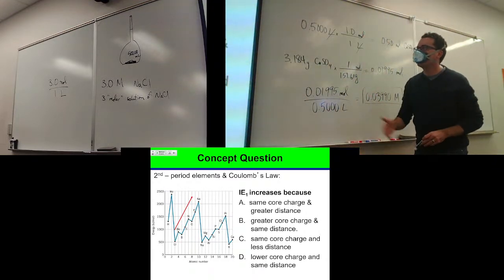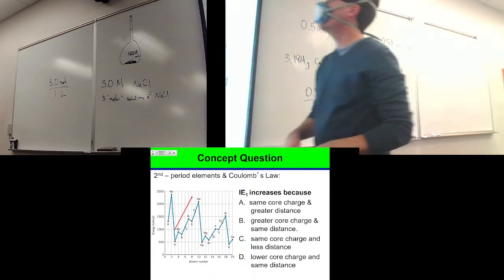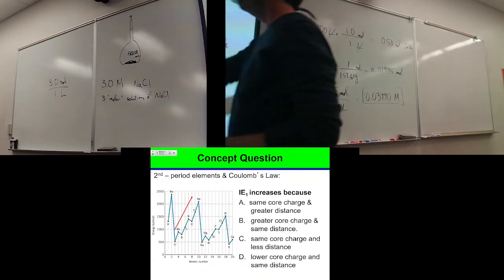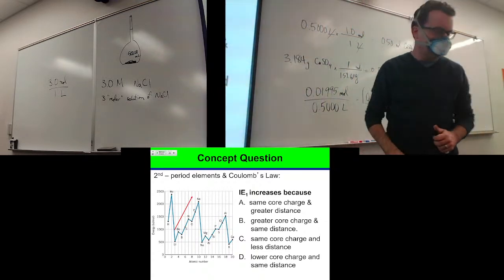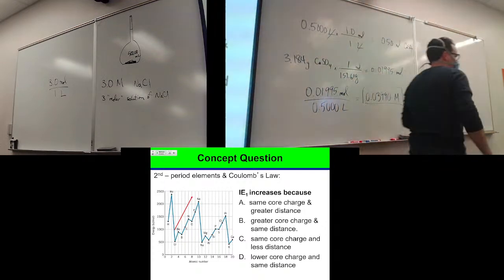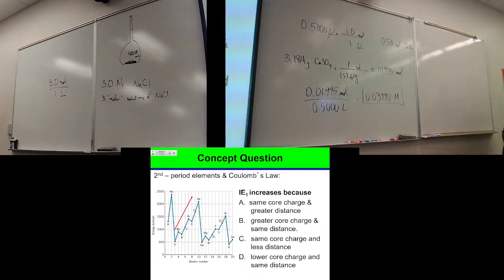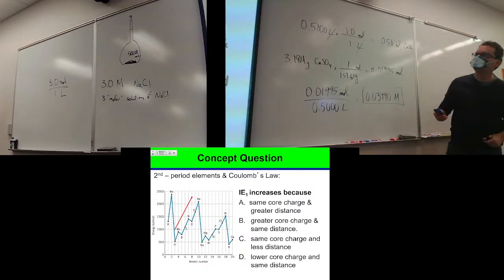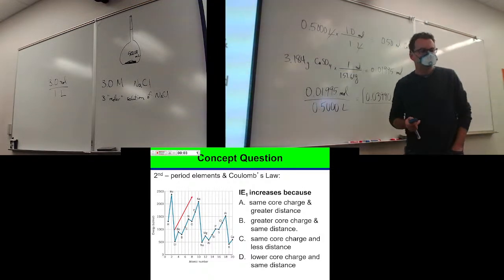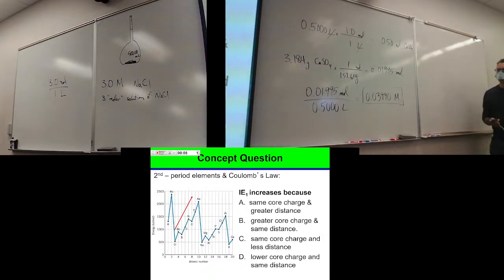How do you make sense of this table? So as you go across in a period, so from lithium to beryllium to boron, if you go across the periodic table, ionization energy goes up. There we go. Because, what is the explanation?